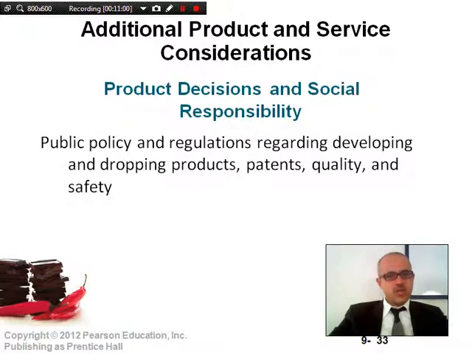Product decisions and social responsibilities: public policy regulations regarding development and dropping products, patents, quality, and safety you want to consider. Sometimes you can't make a product and stop supporting it the next day if you want. Sometimes there are rules and regulations. There is a minimum that you have. Sometimes you're required by law to maintain or keep your spare parts, or by contracts, or maybe customer commitments.